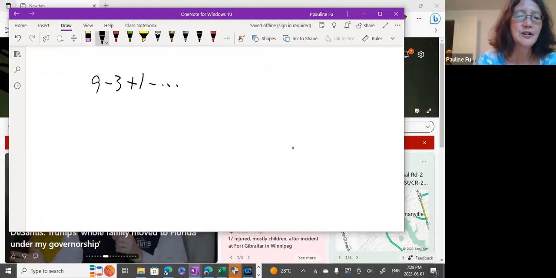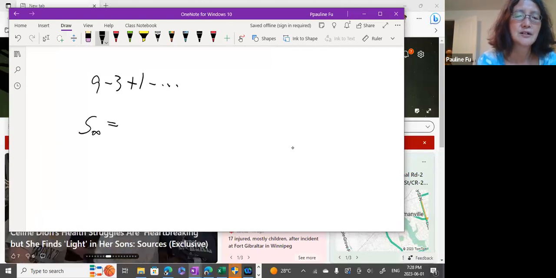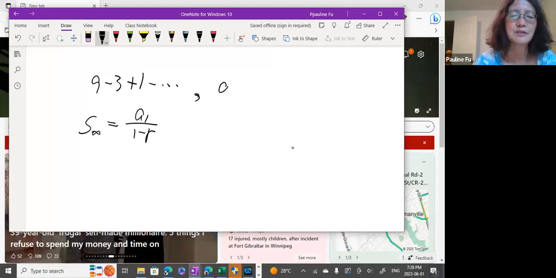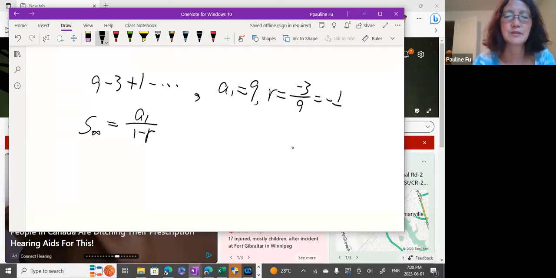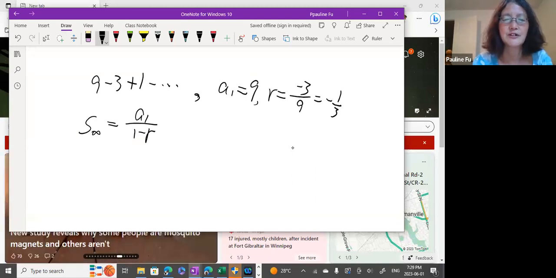First we need to use the formula: the first item over 1 minus r. The first item is 9. r is the ratio between the second item and the first item. It is -3 over 9, which is -1/3.